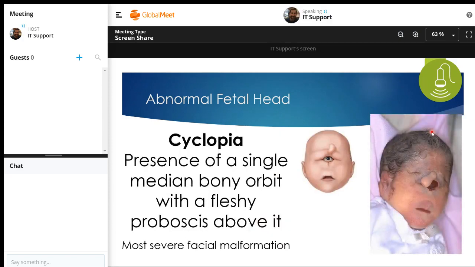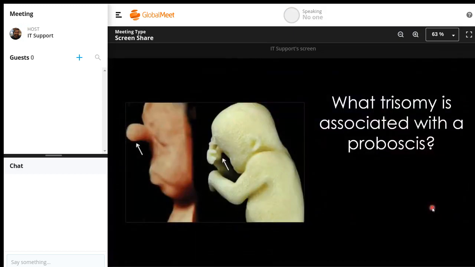So we'll talk about cyclopia. The presence of a single median bony orbit with a fleshy proboscis above it. This is the most severe facial malformation that we would see in a fetus. So we have that single eye with the proboscis. This is a baby with the single eye and the proboscis right above it here. Do you remember what trisomy is associated with the proboscis?